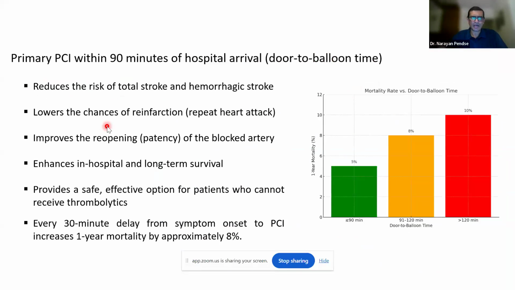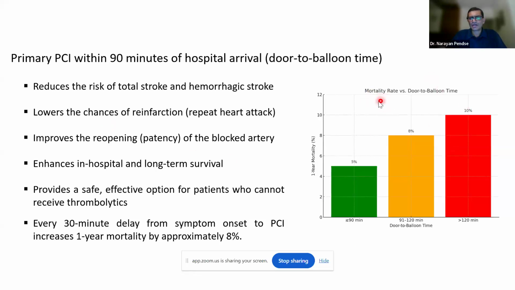So when we do a PCI within 90 minutes for ST elevated MI cases, it reduces the overall risk, it lowers the chances of repeated heart attacks, etc. And it helps the overall long-term survival, that is better patient outcomes. The more the delay, the more the chances of death.